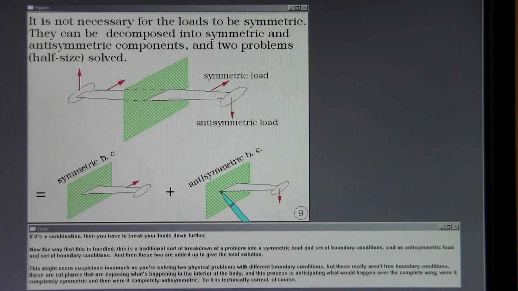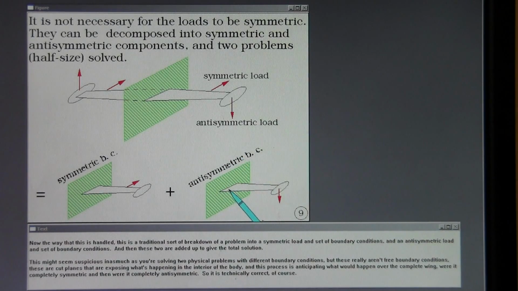These are cut planes that are exposing what's happening in the interior of the body, and this process is anticipating what would happen over the complete wing were it completely symmetric and then were it completely antisymmetric. So it is technically correct, of course.